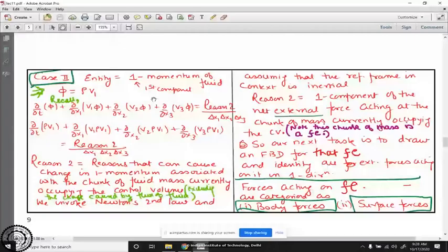Now once you decide that the entity is the first component of momentum, I hope you are comfortable with me writing phi as rho times v1. And again, everything is at x comma t. I am not writing it because it's very repetitive, and also I do not have much space here, but keep in mind that phi and rho and v1 are all at x comma t.